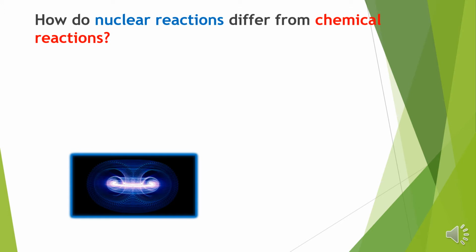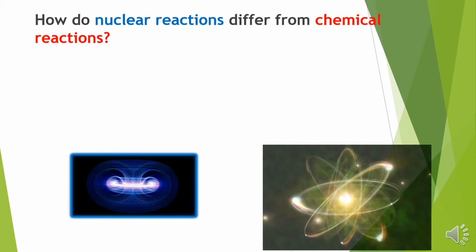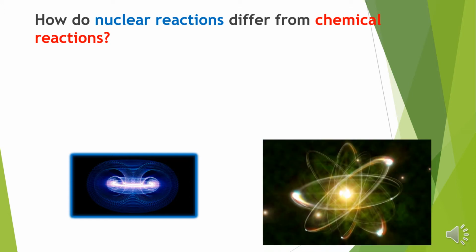Here in this figure we have nuclear reactions that occur in the nucleus of the atom, and here we have a chemical reaction where the reaction takes place around the nucleus in the electronic clouds, where electrons are transferring from one atom to another atom to become more stable.